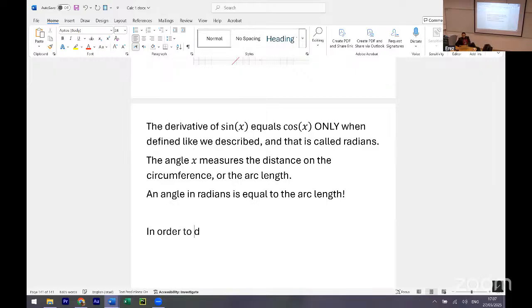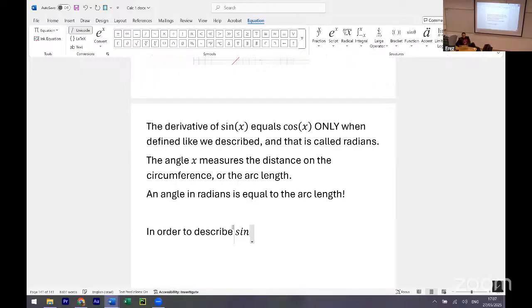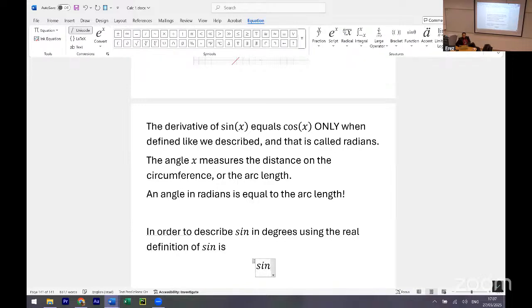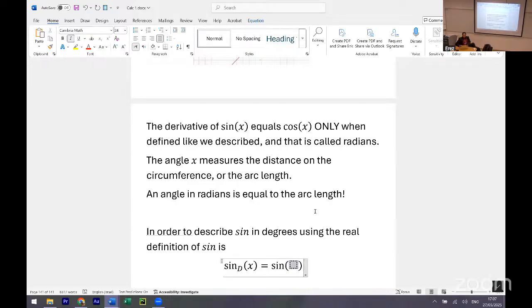In order to describe a sine in degrees using the real definition of sine, let's call it sine d, sine degrees. What's the definition of sine degrees? You take the normal real sine and you just need to do some converting.